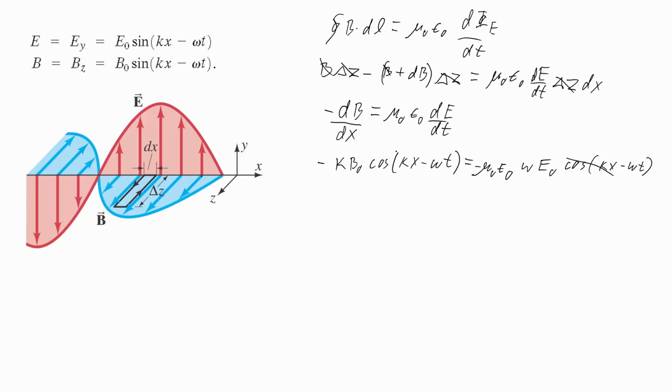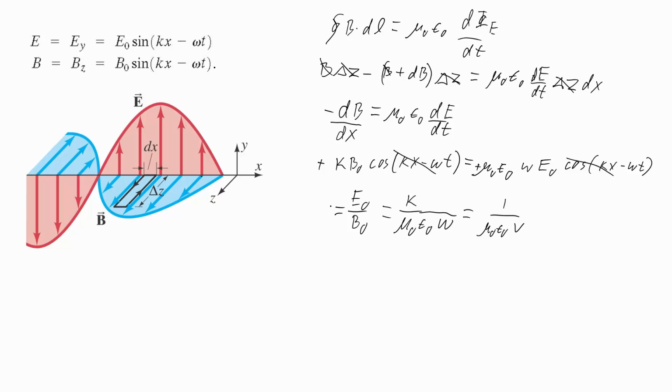Again, the cosine parts go away. We can get rid of the negatives, and we can get the E to B ratio again. And that's going to leave us, let's see, I moved the B over here, so that's going to leave me with a k over here, all over mu naught epsilon naught omega. Now I've got k on omega, so I can make that into a velocity. So 1 over mu naught epsilon naught times the velocity down here.